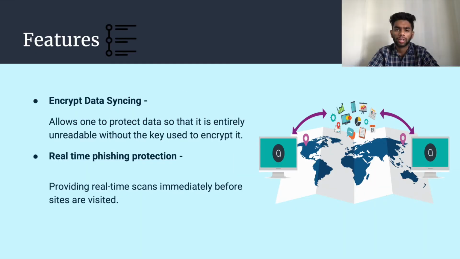As for the features, these features must be implemented in our system so that we can surf the internet without getting hacked or hijacked by the hacker. So, coming to the main point, which is encrypt data sync, it allows one to protect data so that it is entirely unreadable without the key used to encrypt it.